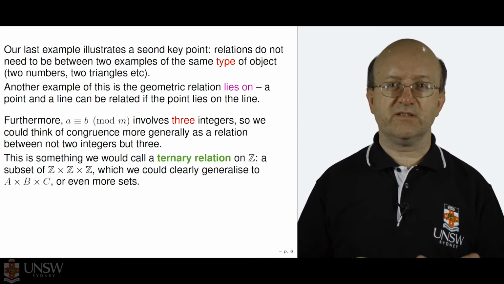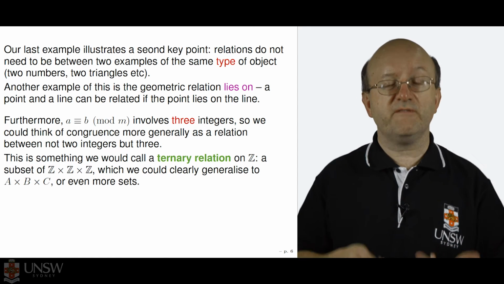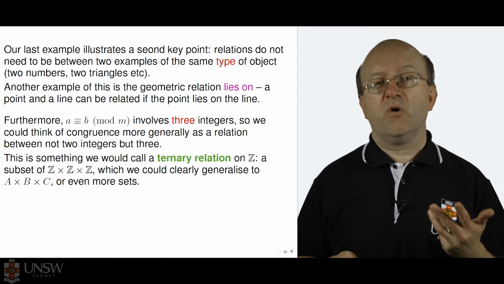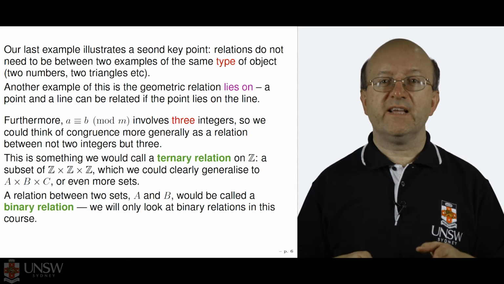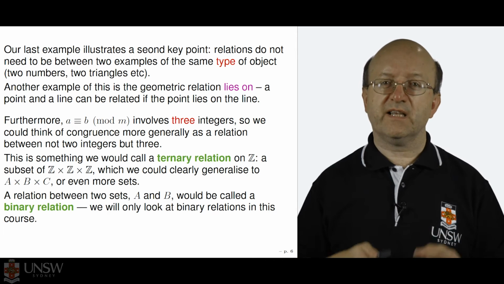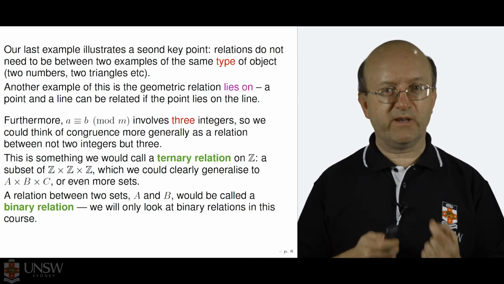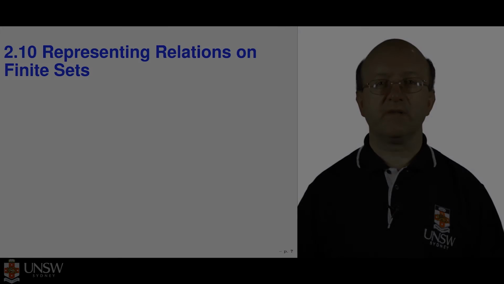And clearly you could generalize a ternary relation on Z to a ternary relation between 3 sets or 4 sets or even more. What we've actually been looking at here, a subset of A cross B, is really a binary relation, and it's a relationship between 2 sets. Now, as far as we're concerned in this course, we're only going to be looking at binary relations, not the more general cases.